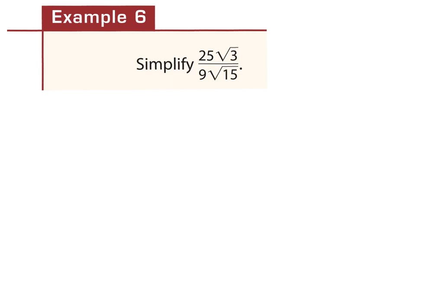All right, so for this particular one, I am going to see, can I reduce the outside numbers, 25 and 9? Do those reduce? No, those don't, but what does reduce between top and bottom? The 3 and the 15. So the first thing I'm going to do is leave that 25 there. Instead of 3, we're going to divide top and bottom by 3. All right. I can simplify one more thing before I need to rationalize.